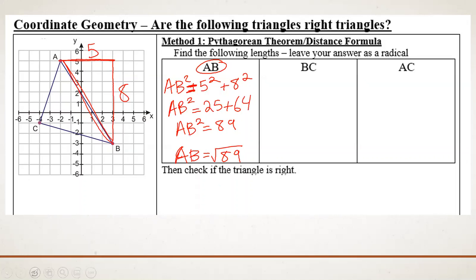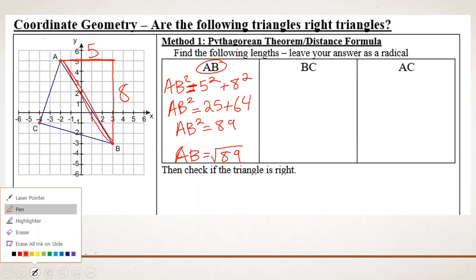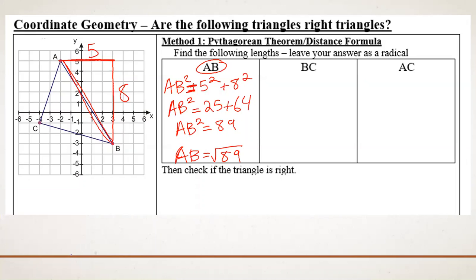And then I'm going to go find BC. Say down and over. So my vertical line is 2, and then I go 1, 2, 3, 4, 5, 6, over 7.